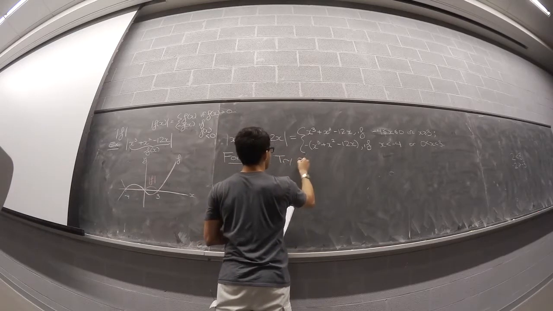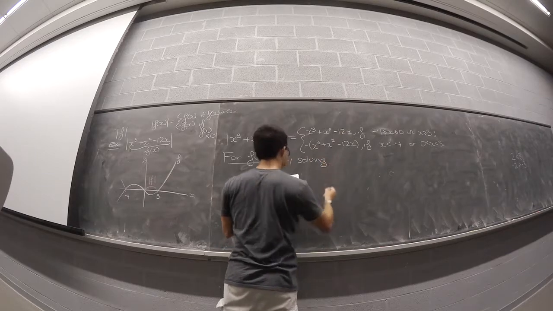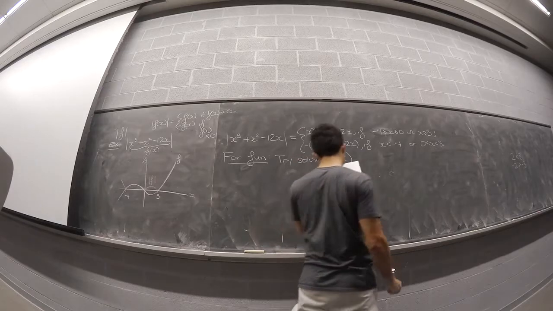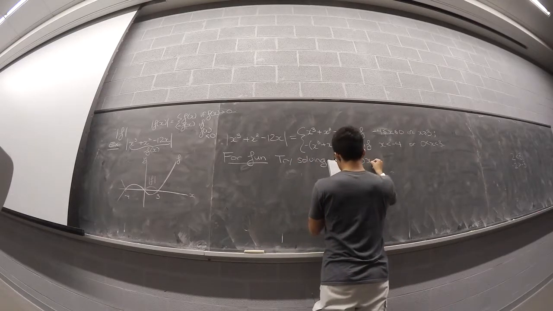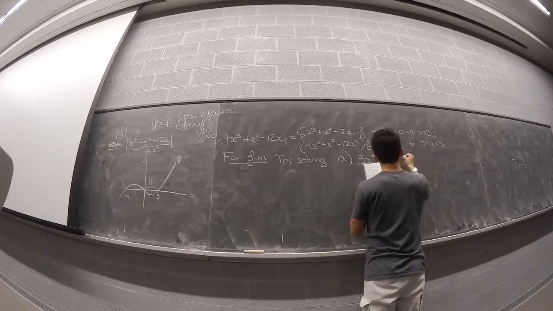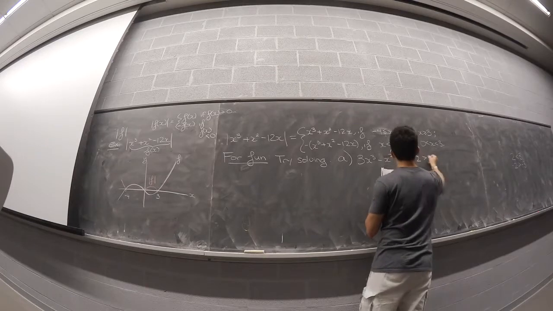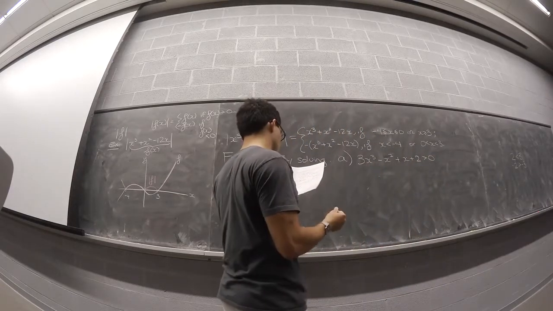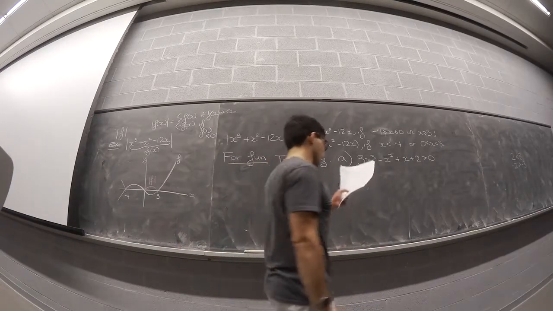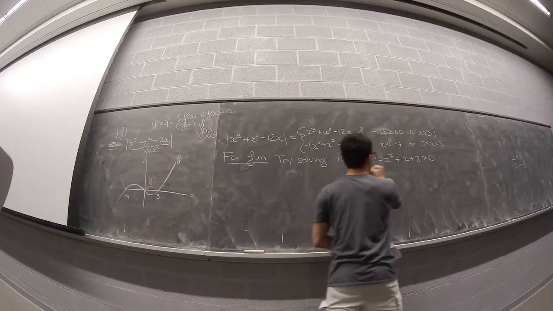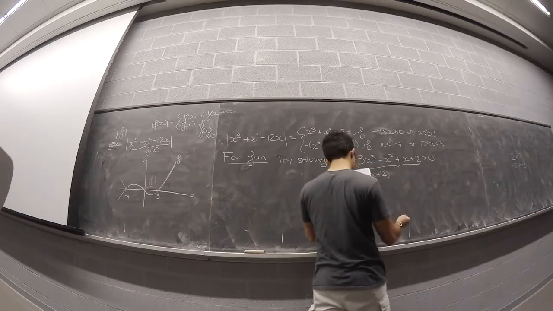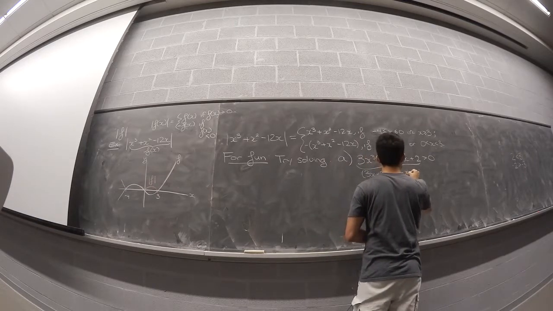Try solving 3x cubed minus x squared plus x plus 2 positive. And for those like me who don't know how to factor that sort of thing, I'll tell you what it is. 3x plus 2, x squared minus x plus 1.